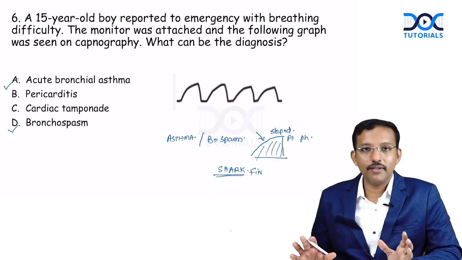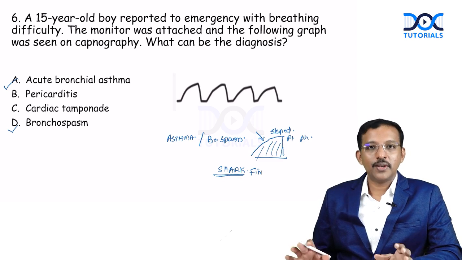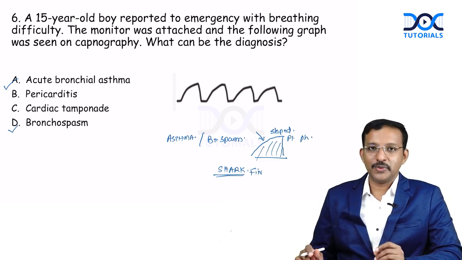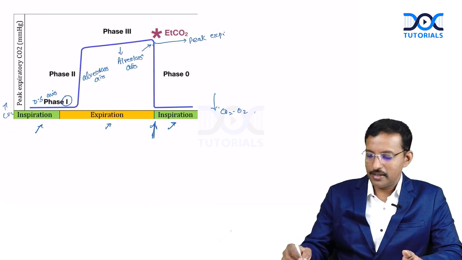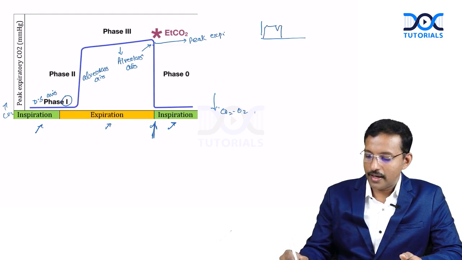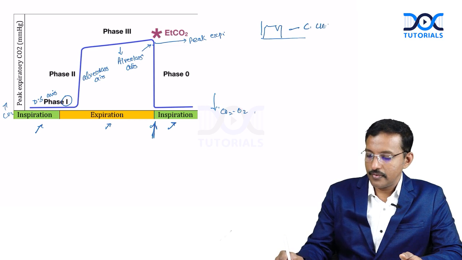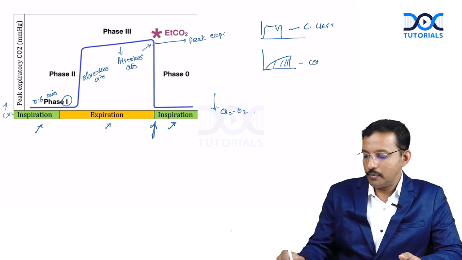So most of you would have learned this. This is a repeat question. There is no exam without a question on EtCO2. So this has been repeatedly asked. I will just share with you a few questions which have been multiple repeats. For example, this is what is known as the curare cleft, isn't it? This is our classic shark fin appearance seen in COPD, asthma and bronchospasm.